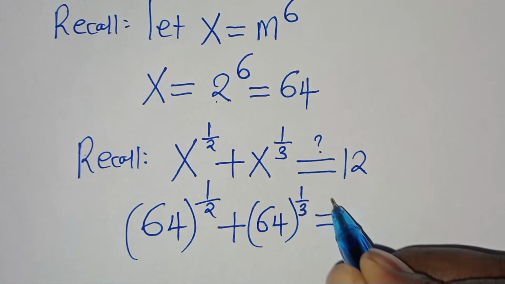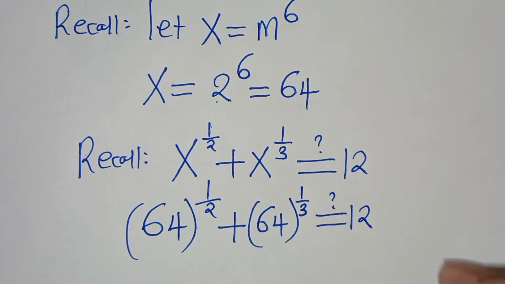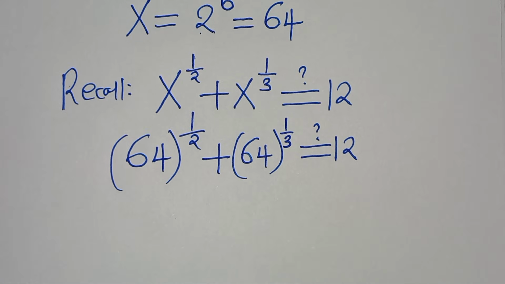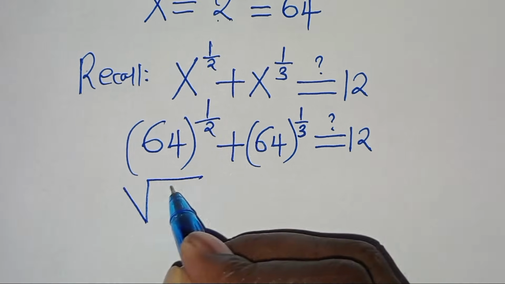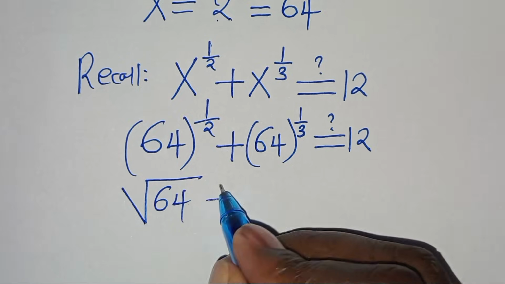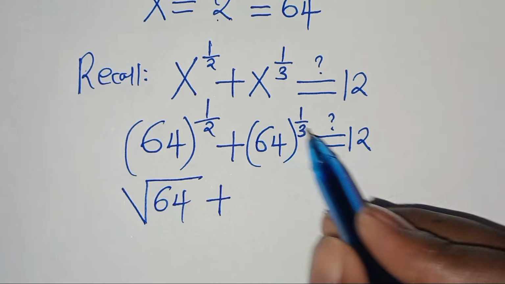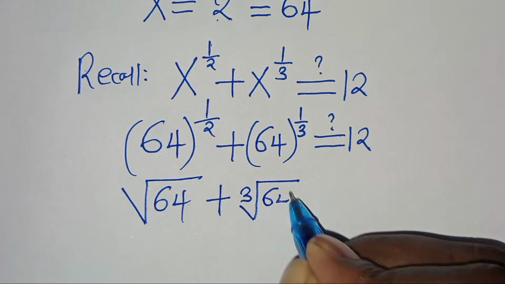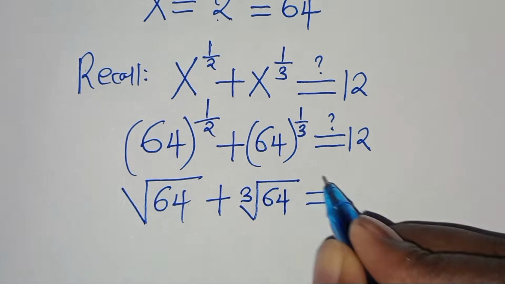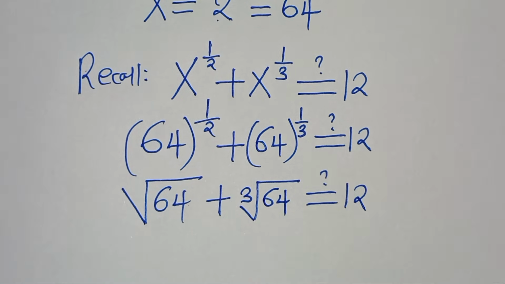This is supposed to give us a value of 12. Now, this means that 64 to the power of a half, this is the same thing as the square root of 64, plus 64 to the power of 1 over 3, this is the cube root of 64. This should give us a value of 12.